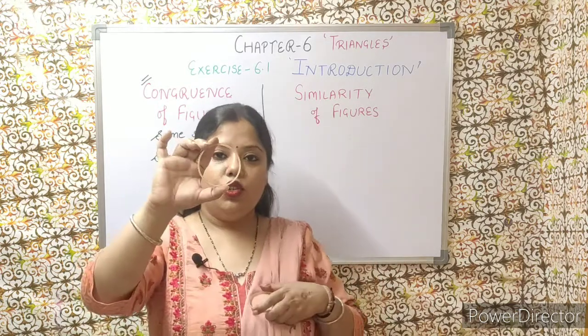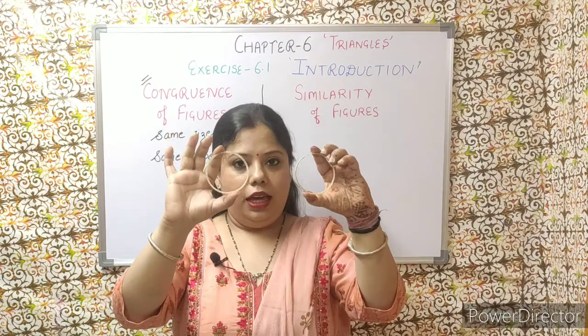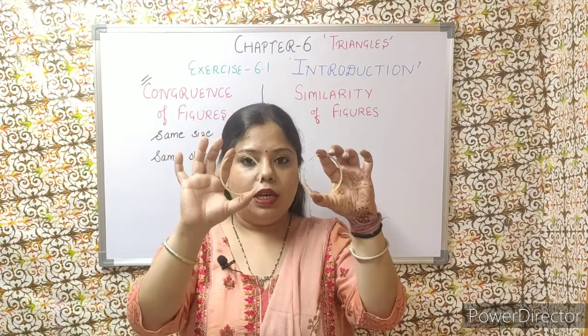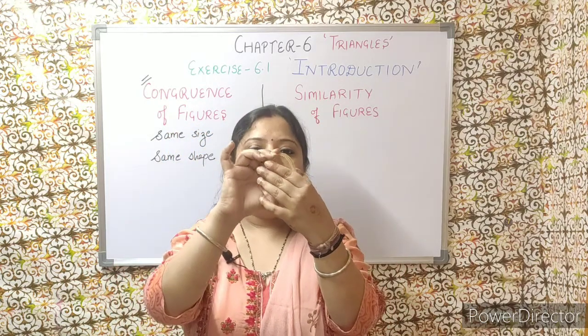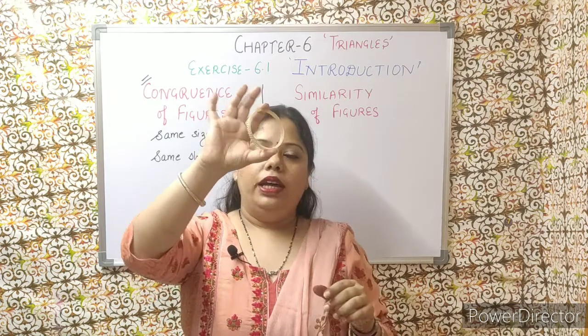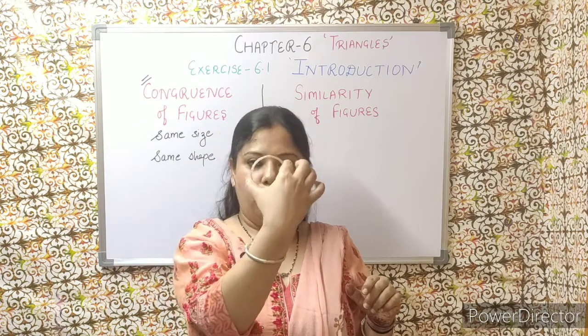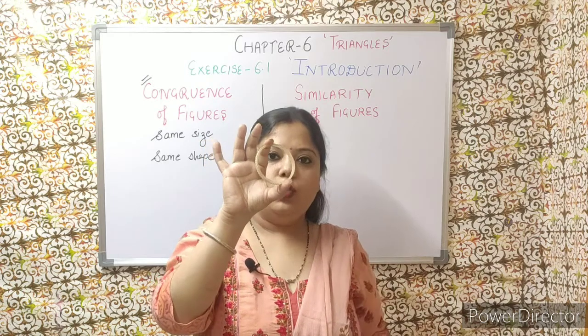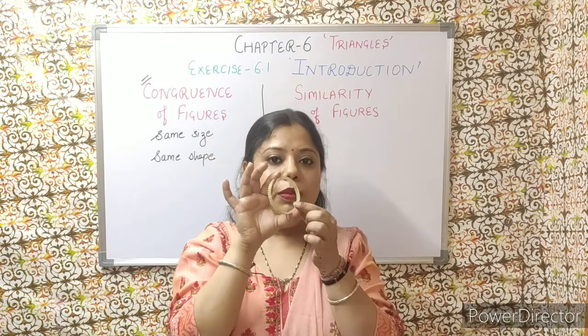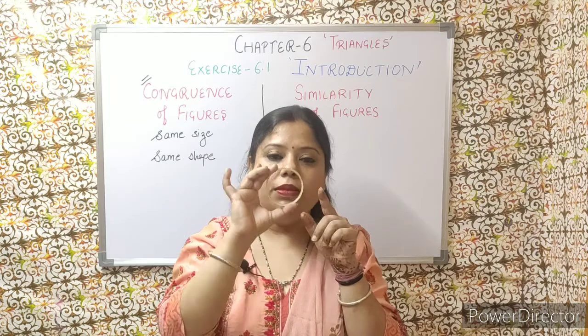Similarly, I have taken two bangles here. They are of the same shape. They are circular in shape, and when I see, they totally cover each other. So it means they are congruent because they are of the same size.